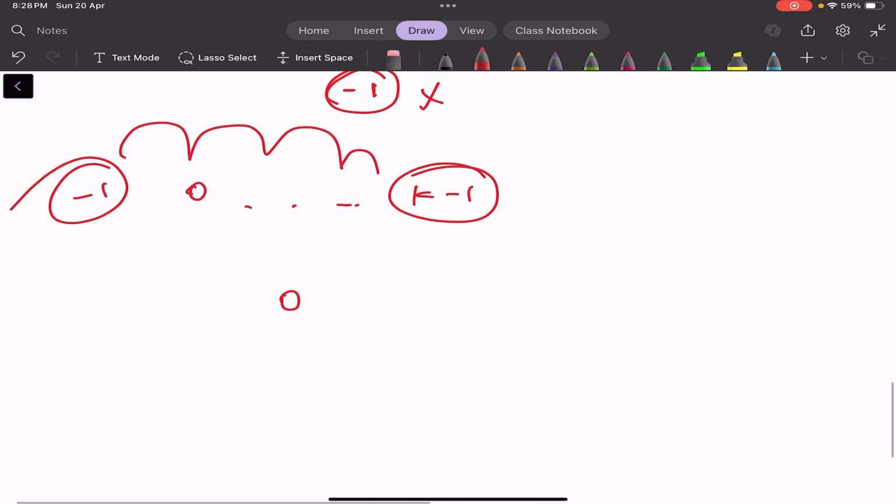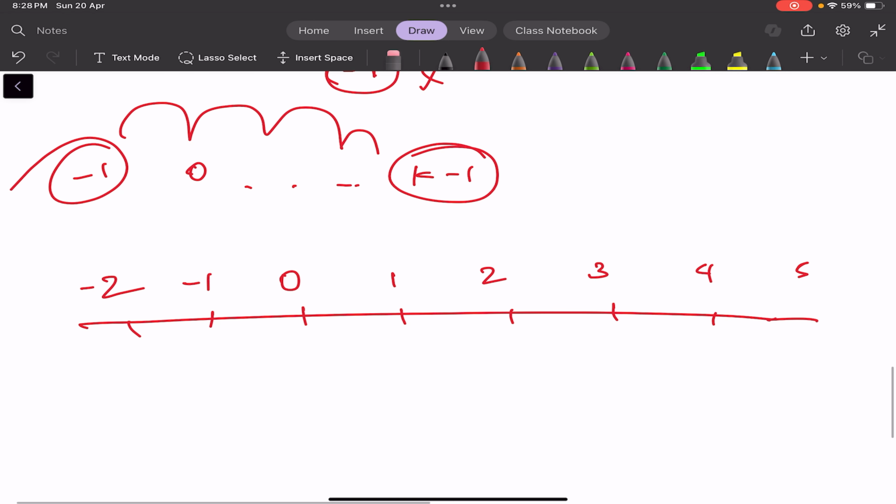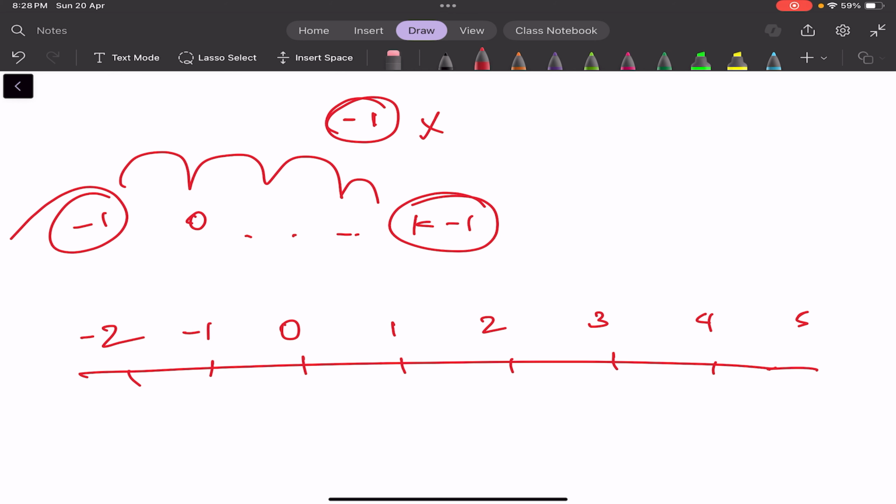Negative 1 is out of scope, so we need to move this ahead, right? So let's take the number line. I'll explain it for better understanding. So we have negative 1, negative 2. Let's take this number line. So now what happens? I have negative 1, right? If I take negative 1 modulo 5, I get negative 1 itself. But I need a positive number.